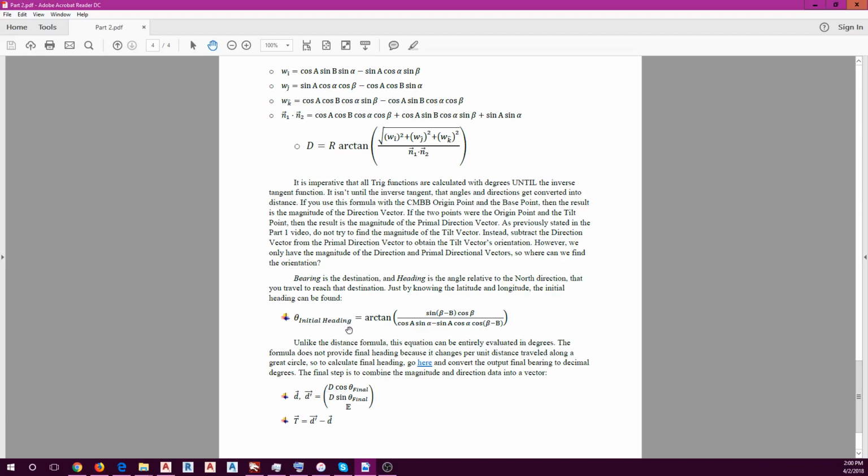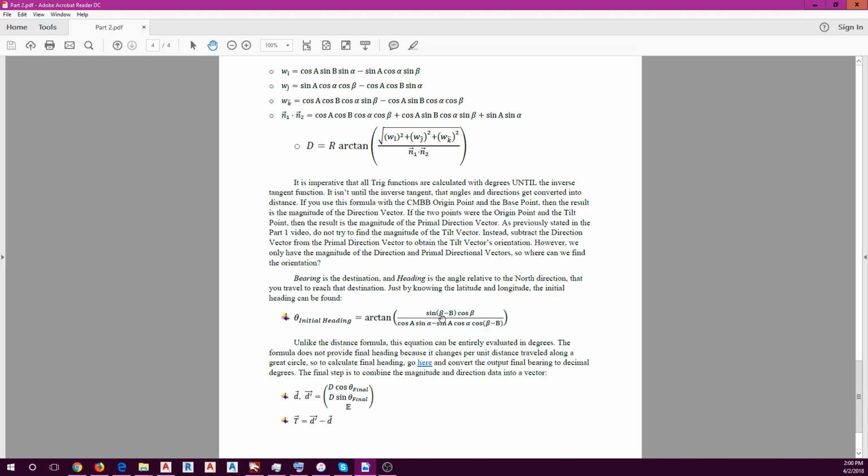In order to calculate heading, you're literally calculating the angle between both of those vectors, which you know how to do in trig, right? So this is basically a fancy way of saying that. Remember what beta and capital beta are. This is your base point longitude and your origin point longitude.